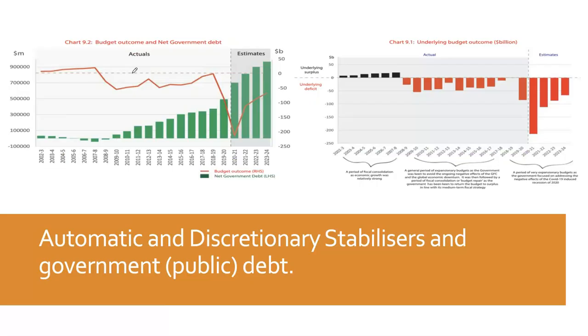Now, what is the consequence of this? This means that we have had a significant increase in our debt. And why has this potentially not been happening in a counter-cyclical way? We know that we have had budget deficits all the way back to 2009, which have significantly increased our debts.